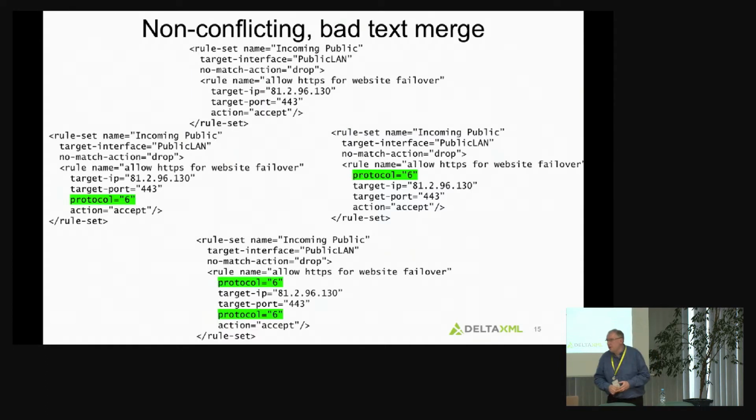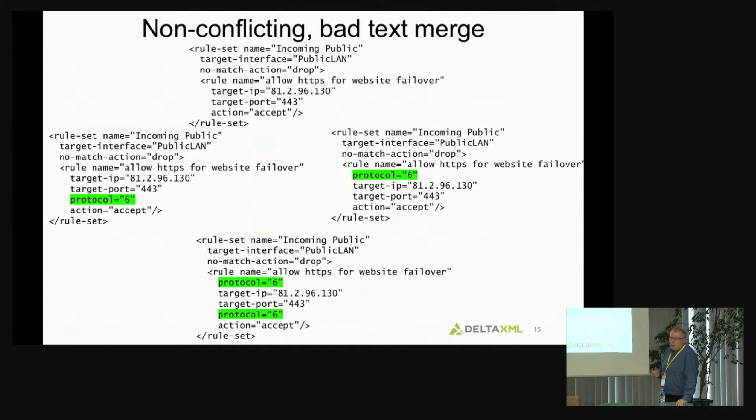I'd like to look at another example. This is an example of a configuration file. It's actually the configuration file for our firewall. I've changed the IP addresses. But what this shows is that you can do a merge with the line-based textual algorithm, and you can get a bad result. So this is not a well-formed XML result. You've got 2 protocol 6s appearing in the result at the bottom.